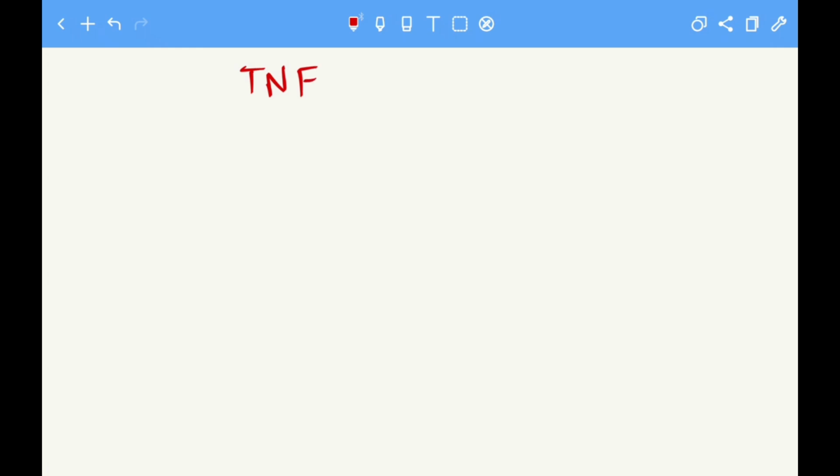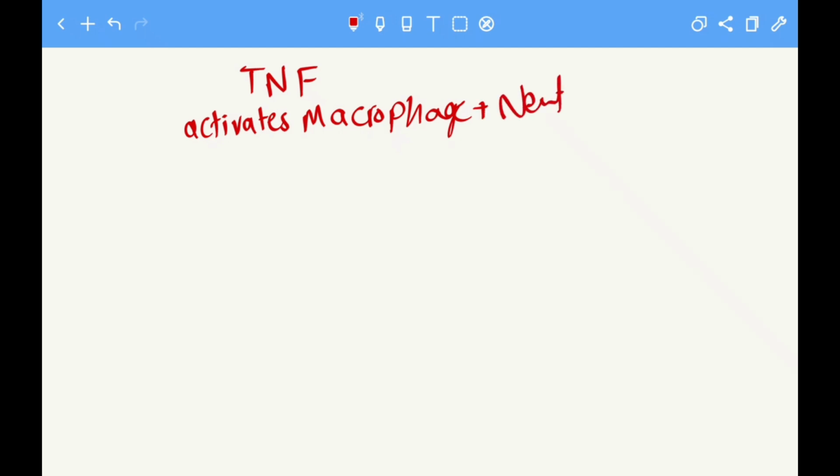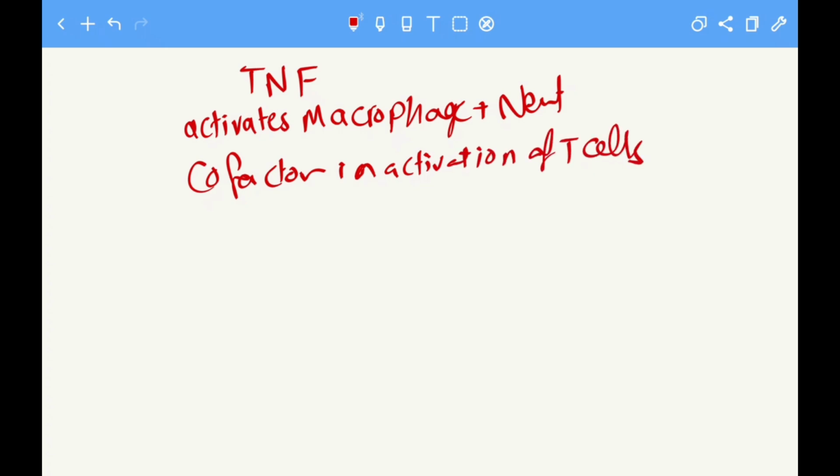TNF activates macrophages and neutrophils, and is a co-factor in activation of T cells. It is very similar to interleukin 1.